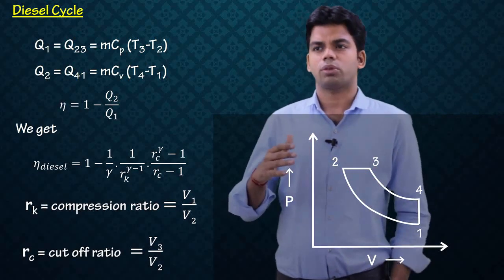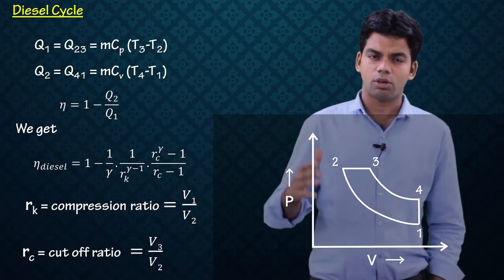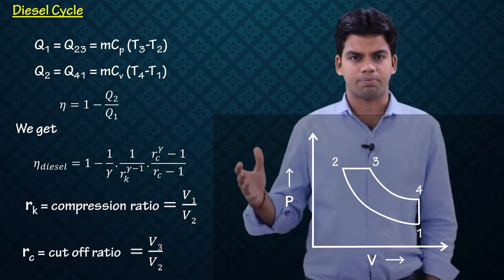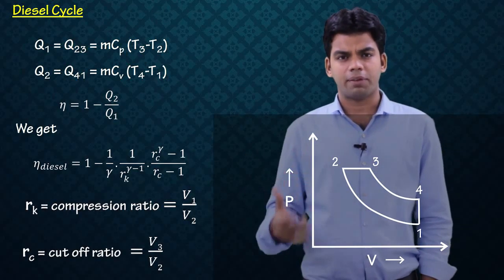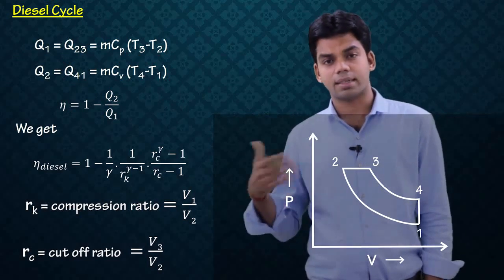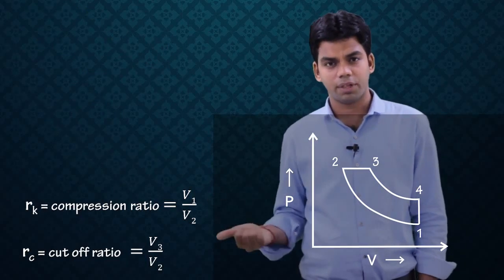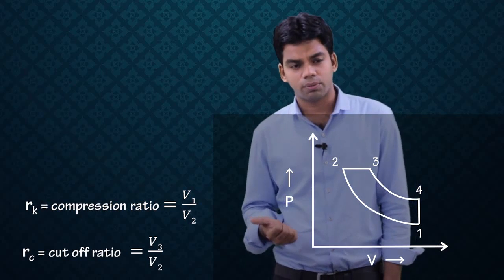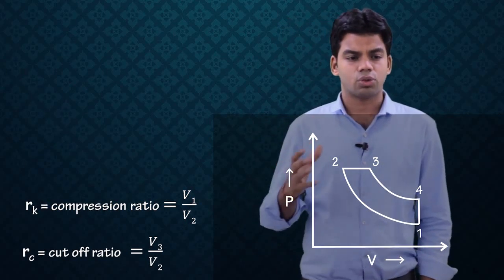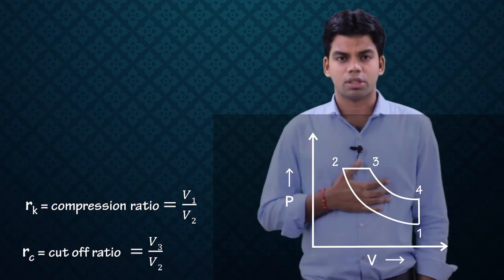That means you have to keep the higher volume in numerator and lower volume in denominator, as simple as that. So, RK is equal to V1 by V2 because V1 is greater than V2. RC is V3 by V2 because V3 is greater than V2. So these are the cutoff ratio and the compression ratio.